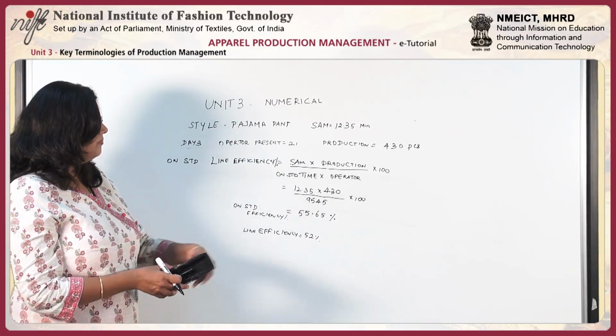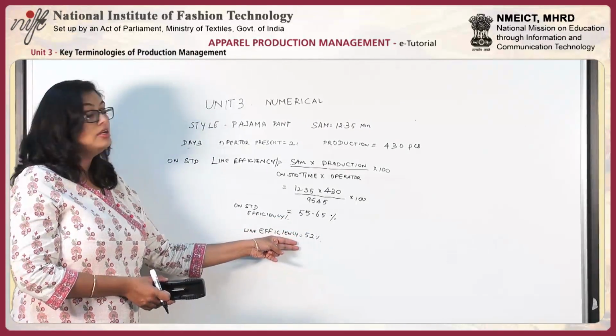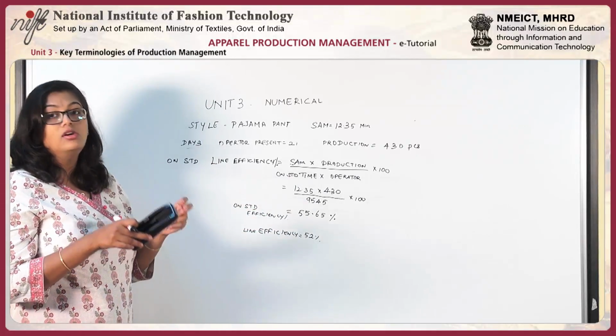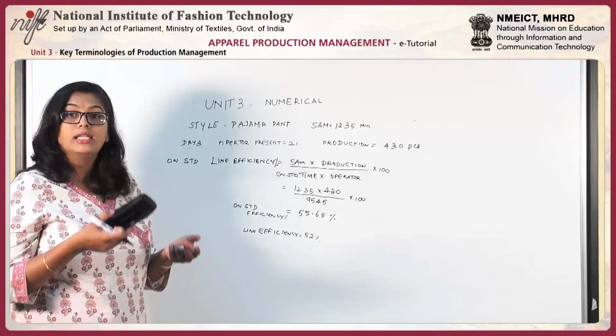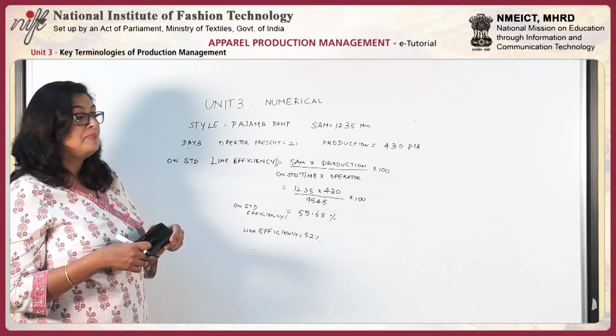So as you can see, the on standard efficiency is higher than your line efficiency. That is because it has eliminated all the off standard time and the unwanted time, due to which the line has fallen short of the required number of pieces.